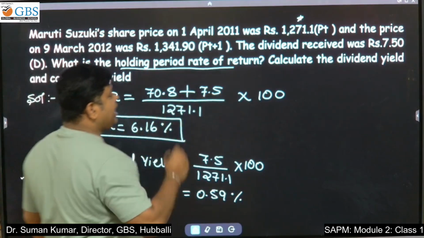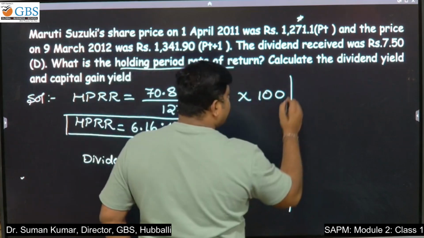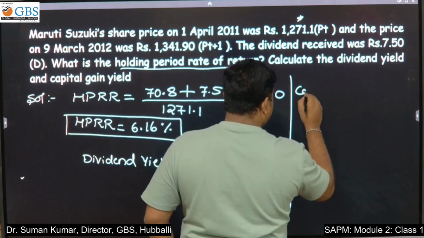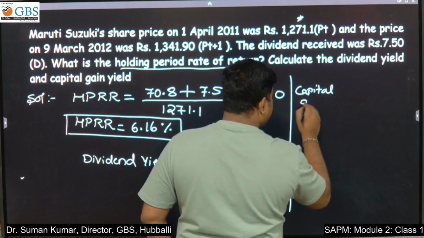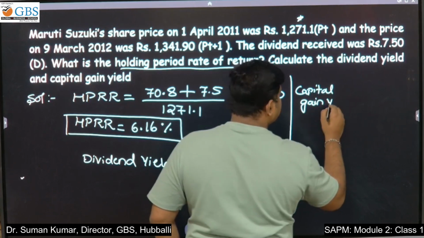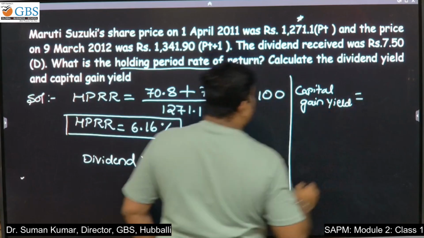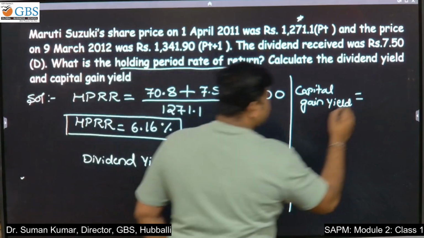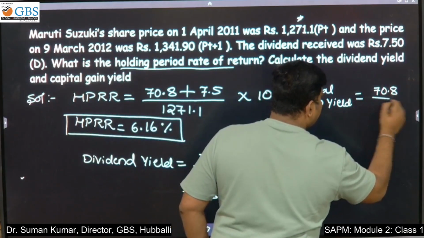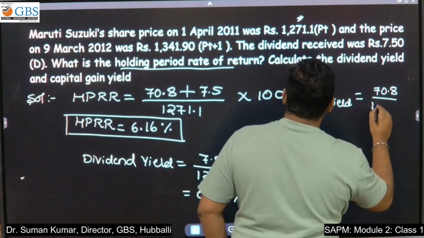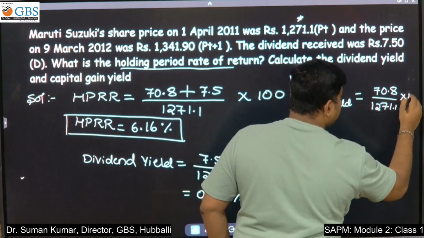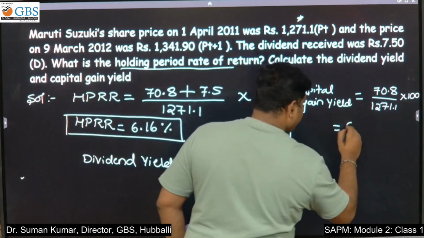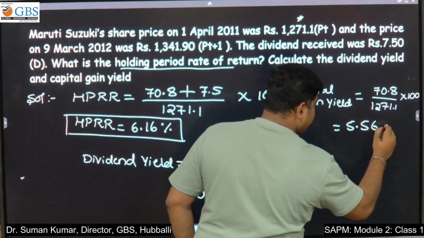Then what is the capital gain yield? Please listen. Capital gain yield is equal to the difference in the price, 70.8, divided by the purchase price, into 100, which is 5.56%.